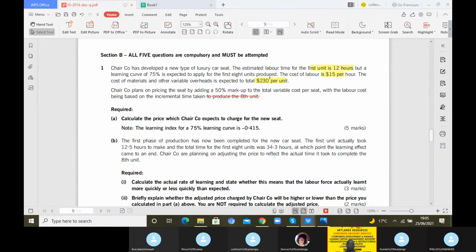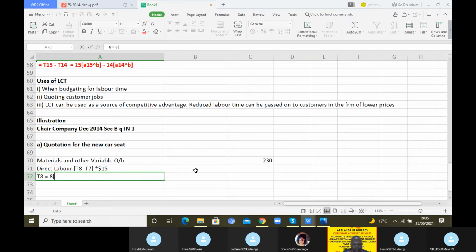And the learning index: instead of saying log of the learning rate, in this case 75%, or log 0.75 over log 2, the examiner can give you the index itself. So in this case, we are simply saying 8 times 12 bracket 8 to the power of minus 0.415. That's the index.